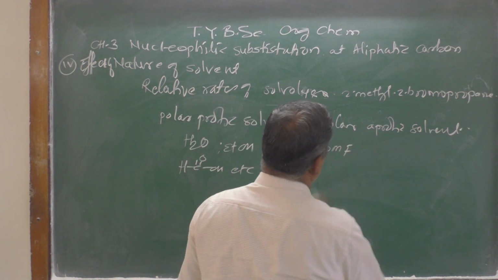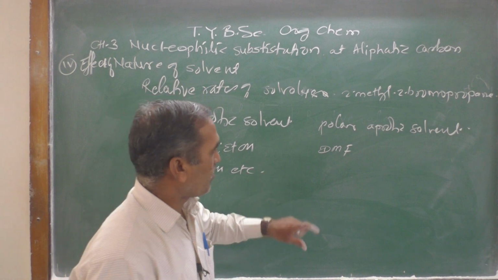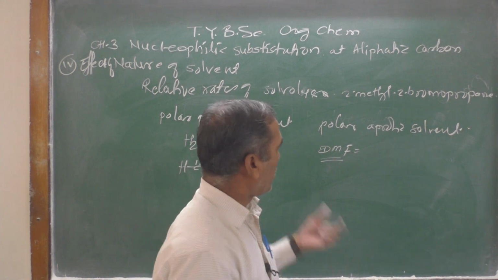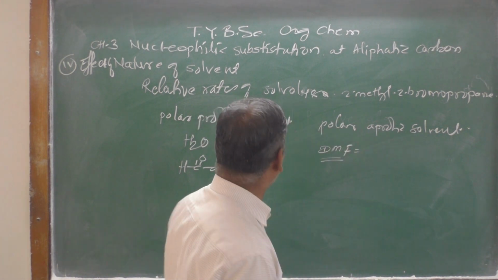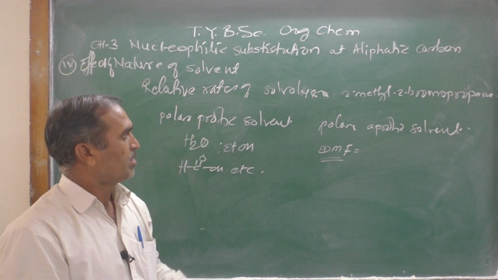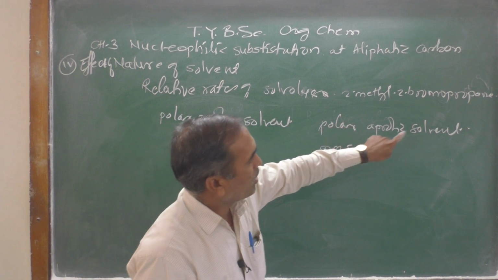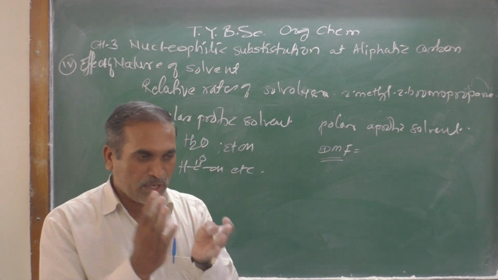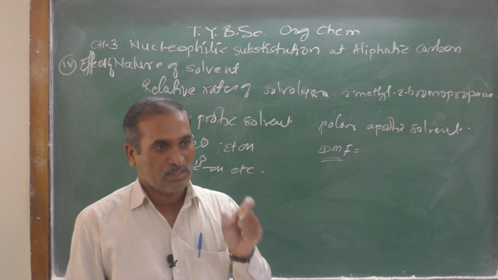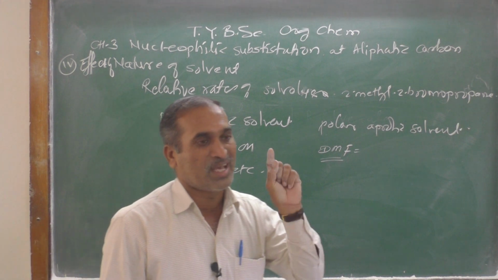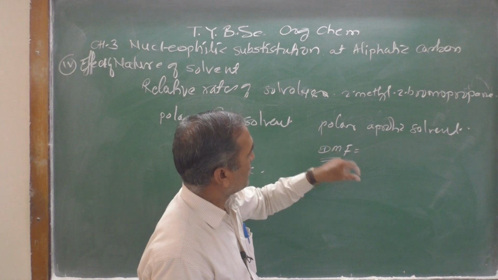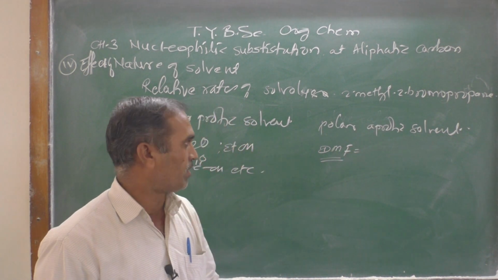First one is DMF, dimethyl formamide, a very good example of a polar aprotic solvent. Polar protic solvent, protic means there is a hydrogen atom present, but in a polar aprotic solvent there is no hydrogen atom available for dissociation. Hydrogen atoms are present but not for dissociation purposes, therefore that type of solvent is termed a polar aprotic solvent.